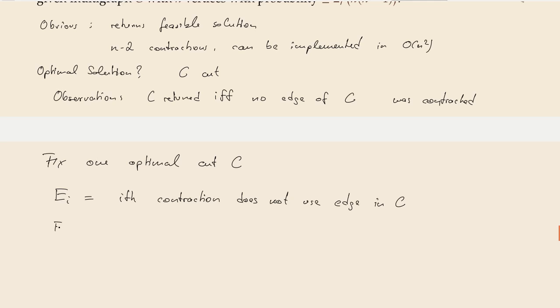And we have these from 1 up to n minus 2 because that's the number of contractions.